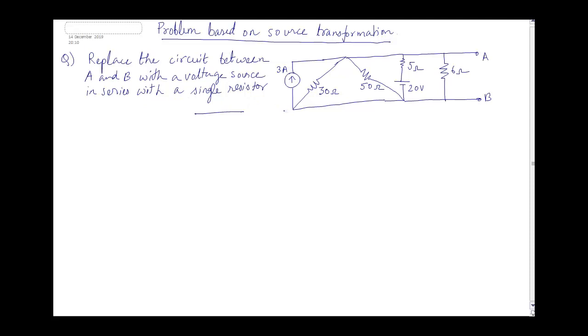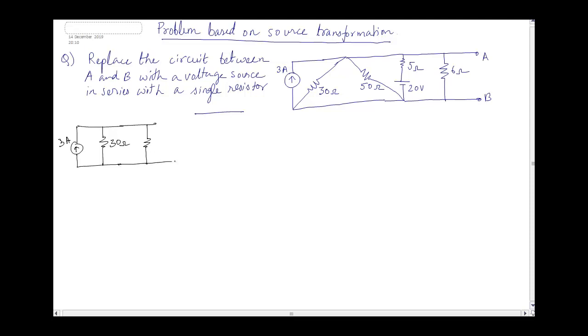First, we can draw this circuit in such a way that we understand the circuit much more easily. So the 3 amperes current source is there, and then we have a parallel resistance of 30 ohm, which I am straightening out because it is much easier for us to understand now.